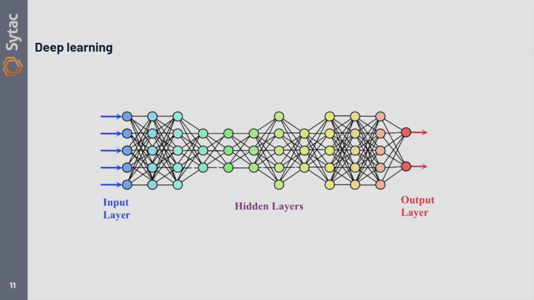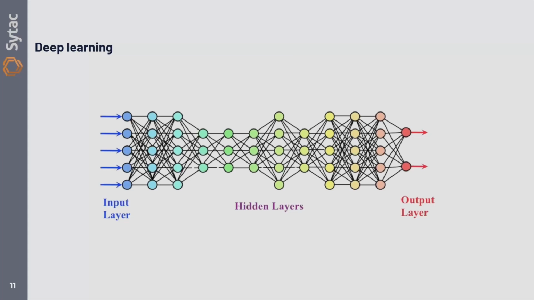One of the early theoretical groundings that machine learning had is that one layer of neural networks can compute almost nothing. It can only do very simple computations.